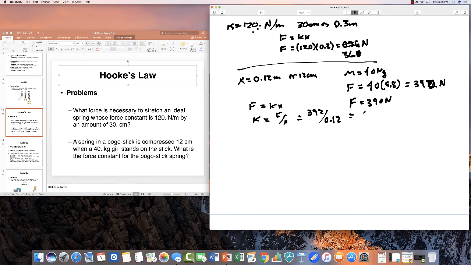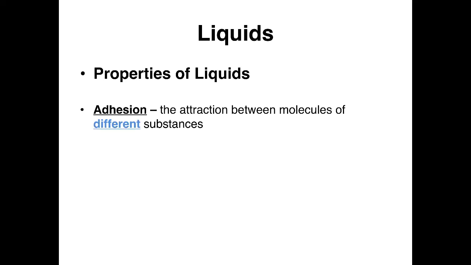What comes out of the calculator here is 3,266.6666, and we round up, so we drop all of this junk and just say 3,300 newtons per meter, and that's to 2 significant figures. I decided to move this to 392 and do the significant figure calculation at the end, which is probably the best way to do it. So the answer here is 3,300 newtons per meter.